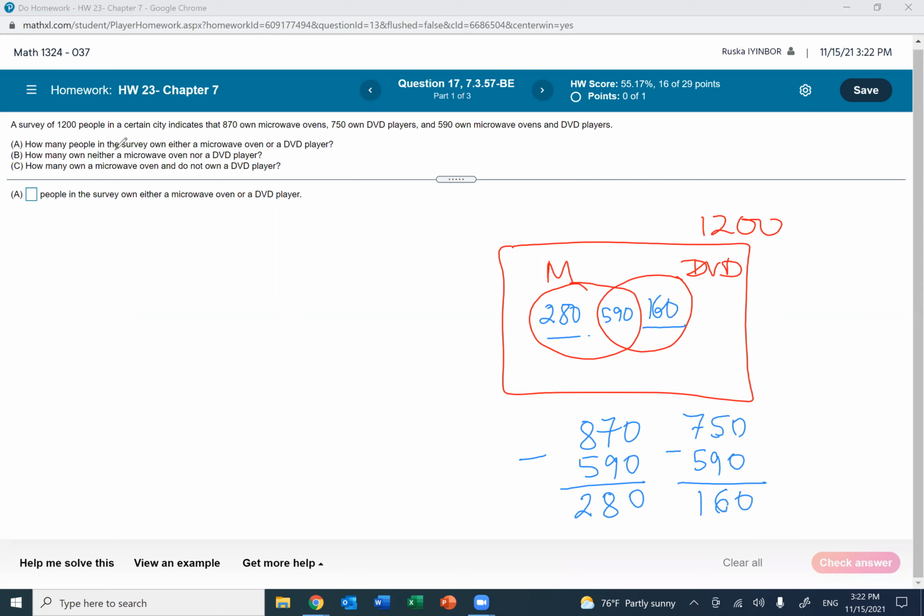And the question is, how many people in the survey own either a microwave or a DVD player? Or means finding the union between both sets. So for the first question, you're going to add 280 plus 590 plus 160.